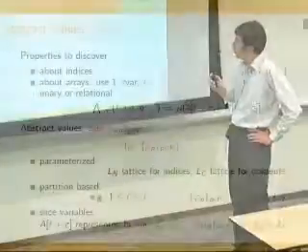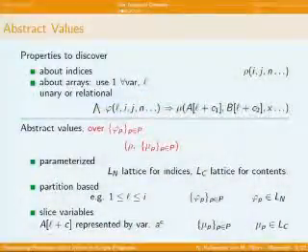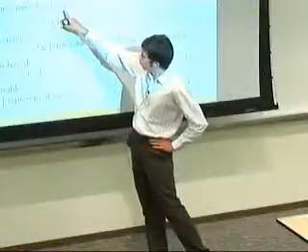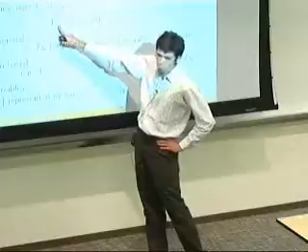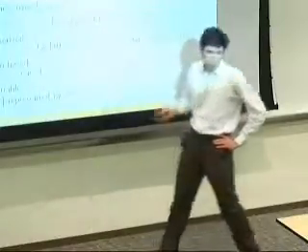So just to summarize, an abstract value is understood with respect to a partition, and it's a conjunction of a property about indices and a set of properties about arrays.